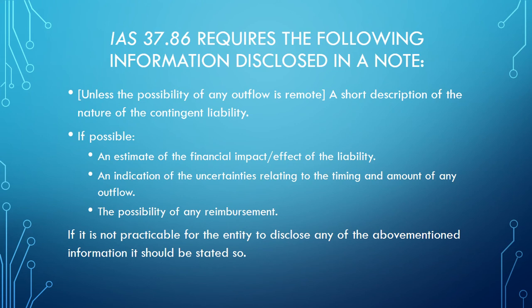So will there be a court process? How long do we think it'll take? What is it reliant on to happen before it can conclude? And then the possibility of a reimbursement. The possibility of reimbursement is different from an estimate because an estimate is an actual value. The possibility is how much chance we think there is that we may have to make this payment. So is it 20%, 50%, 75%, that sort of thing.